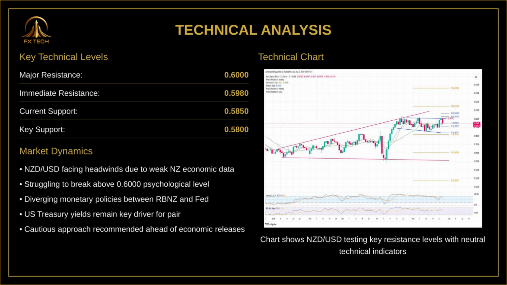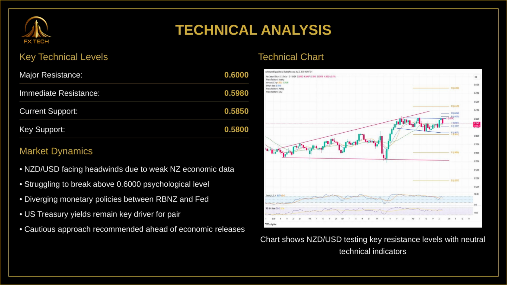The current technical landscape reveals several critical levels that traders should monitor closely. The most significant resistance level sits at the psychologically important 0.6000 mark. This round number has repeatedly capped upside attempts and represents a major barrier that bulls need to overcome for any sustained upward movement.